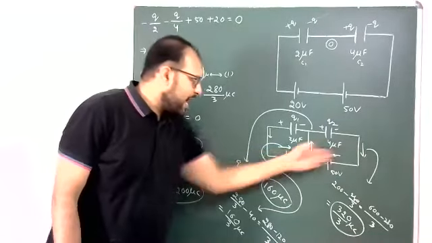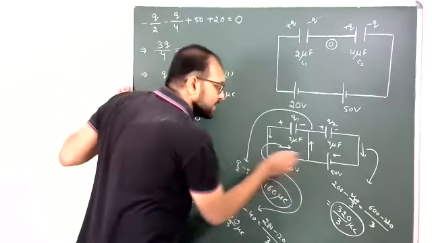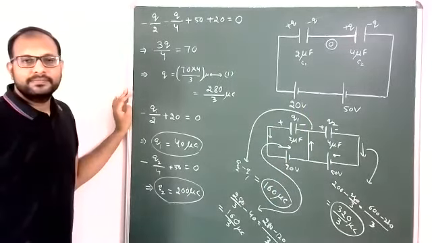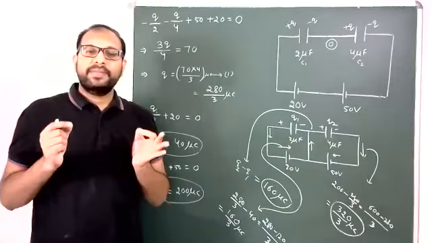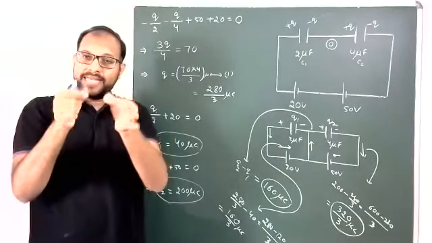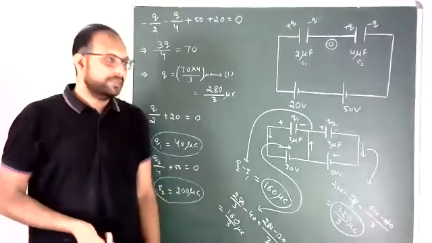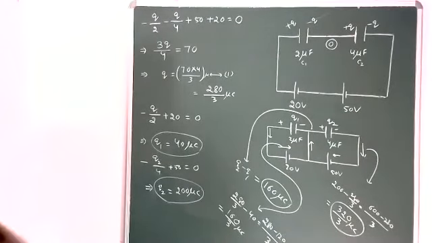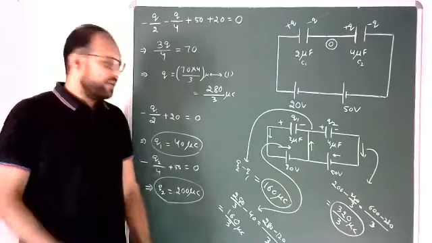Again, this charge plus this charge equals this charge. In this way you need to find whatever charge the examiner asks, which may be stored in the capacitor or moving from one place to another. So now this is the total charge redistribution. Okay, come on, take this first.